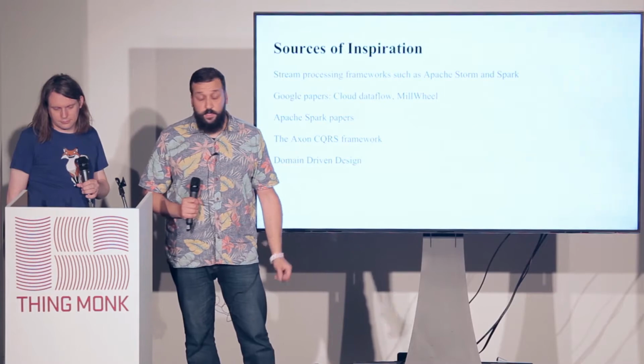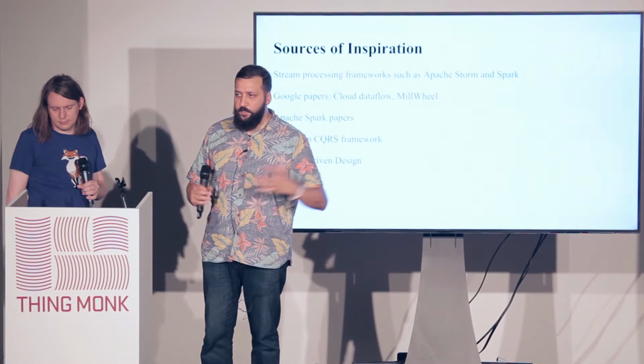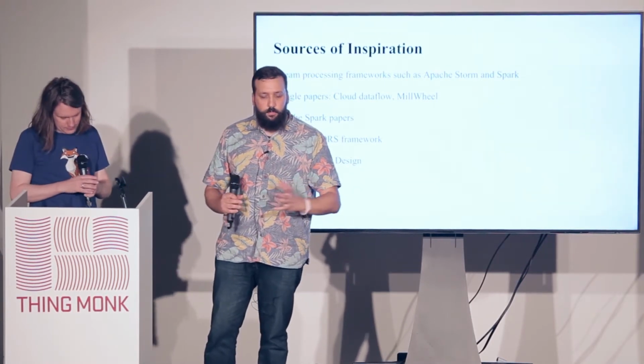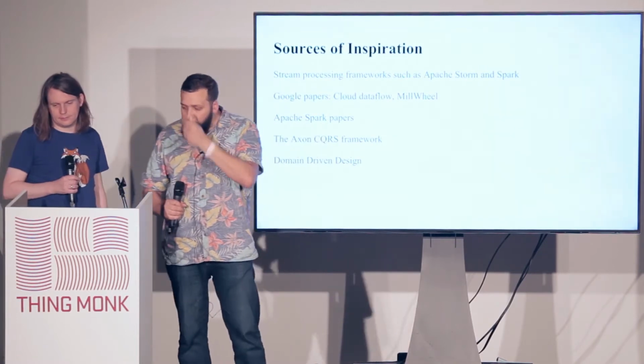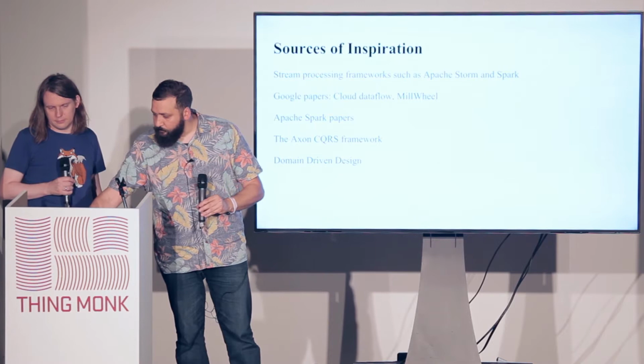Apache Spark. There's another CQRS framework, Axon, that was actually an influence as well. But what we try to do in Concursus is address these concerns and blend these ideas in a way that gives you a domain model but works in a distributed way, along with the concepts behind domain-driven design, as I mentioned.